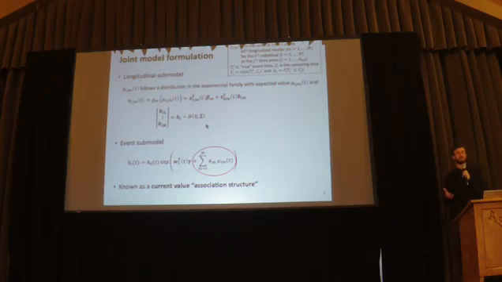It captures the association between the longitudinal and the event processes. We can parameterize that in different ways, and the example here we refer to as a current value association structure, because we've assumed an association between the log hazard of the event and the current expected value of each of the biomarkers. All of these things are calculated at time t.